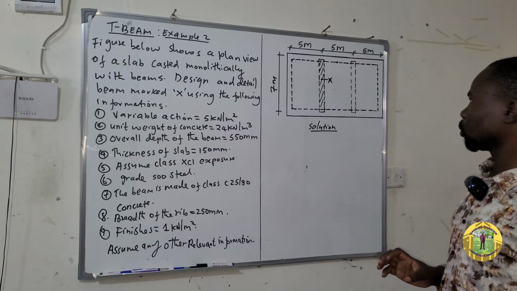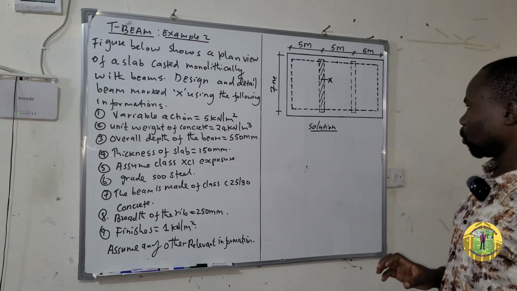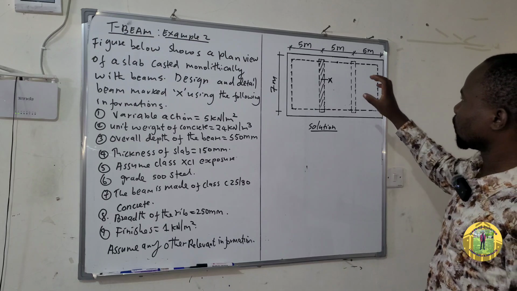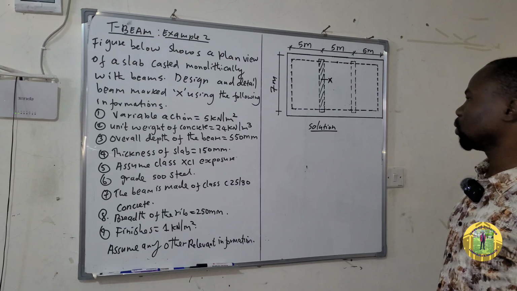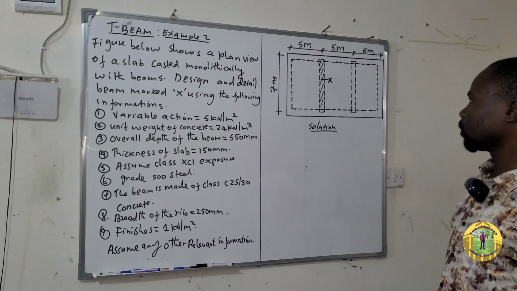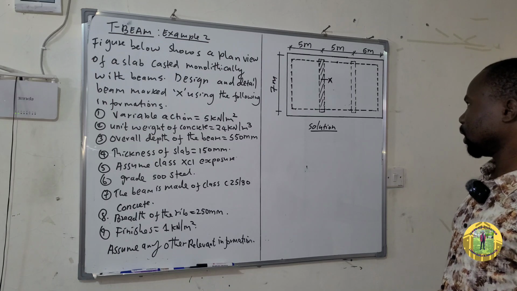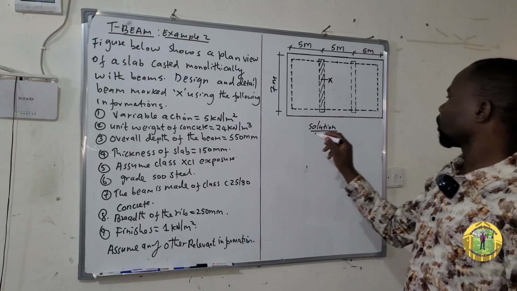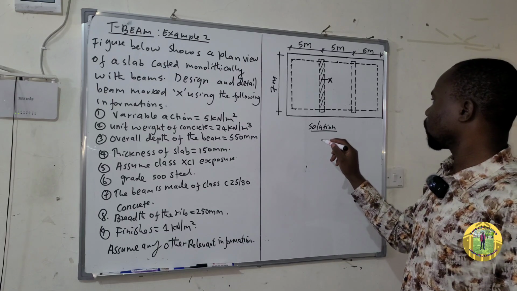So we are supposed to determine whether this slab is a one-way spanning slab or a two-way spanning slab. This is because for a two-way spanning slab, the load is distributed at 45 degrees. So let's determine whether it is a two-way or a one-way spanning slab.